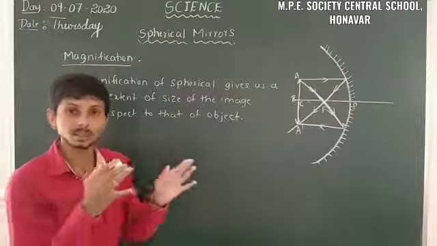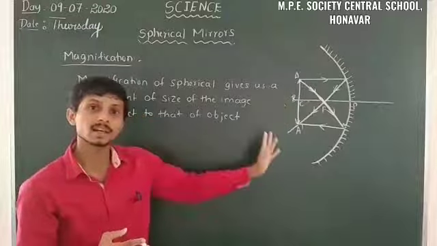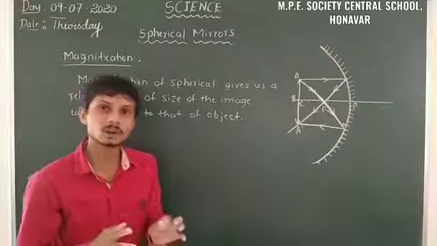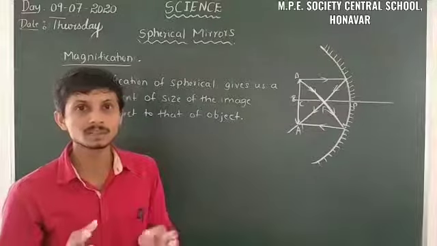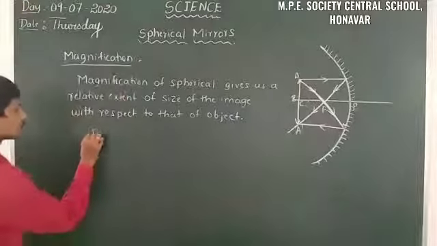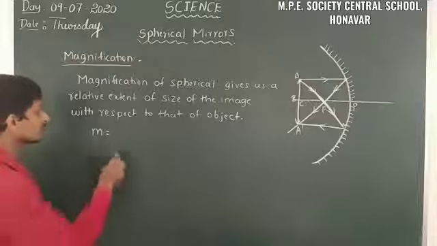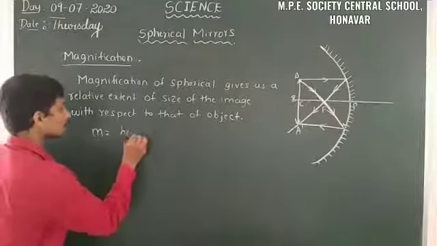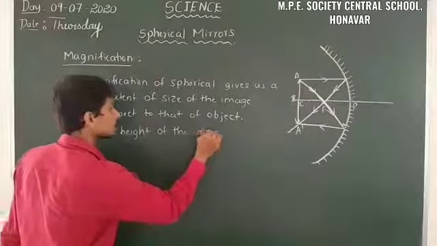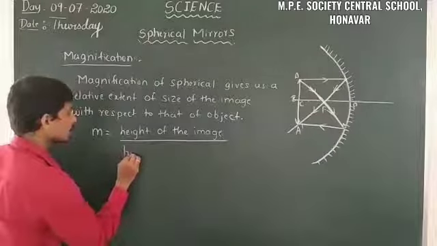We have to find the ratio between the object height and the image height here. So magnification is the ratio of height of the image by height of the object. That means we will represent magnification as m. m is equal to height of the image divided by height of the object.